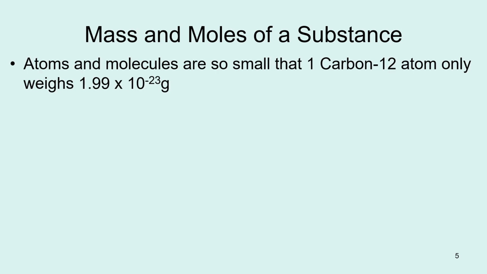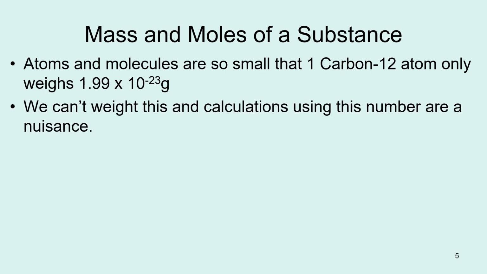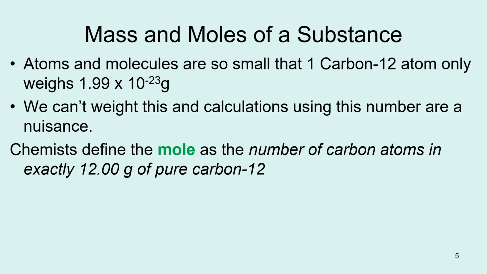Here, one carbon atom weighs 2 times 10 to the minus 23 grams because it's about 12 AMU, and that is such a tiny number. We can't weigh this. Calculations can be really annoying because we have to use exponential notation. But most of all, we can't get our heads around it, and it's not very useful in everyday lab.